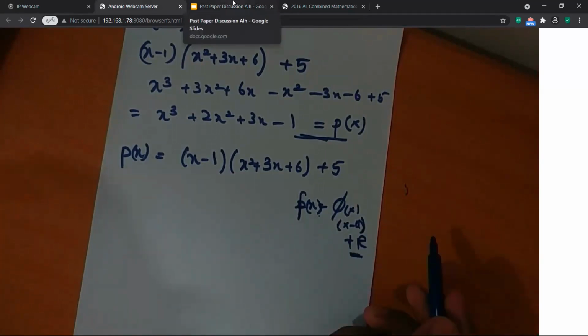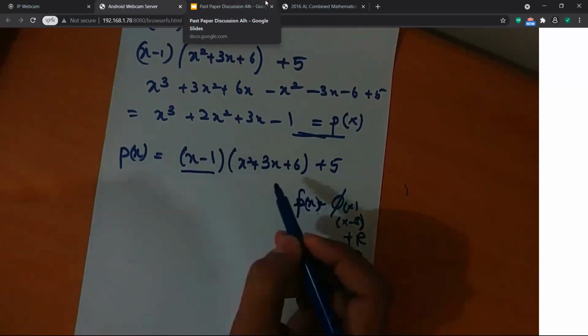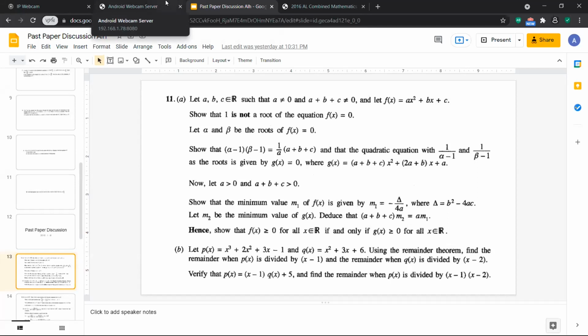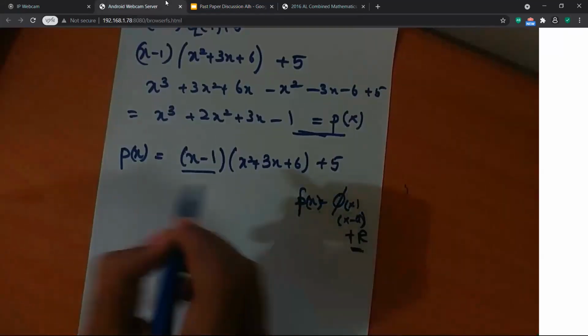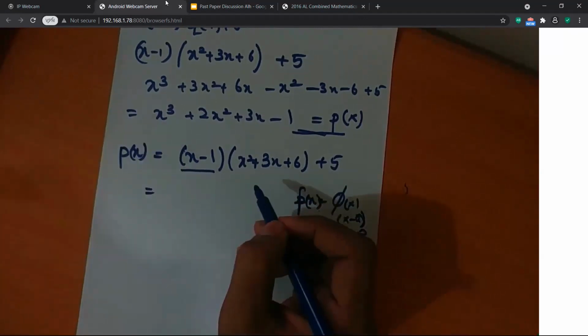That's what we are trying to do. We already have x minus 1. We need to get x minus 2 out of it. Can we simplify this and get x minus 2?